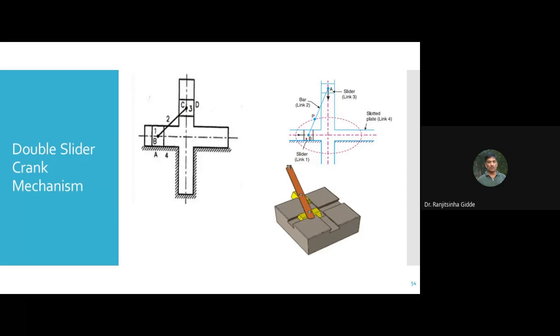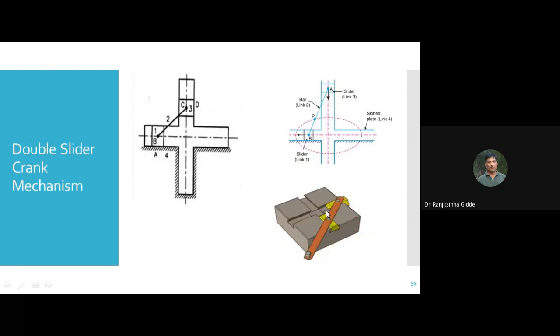This is the bar, that is link 2, and link 4 is the slotted plate.